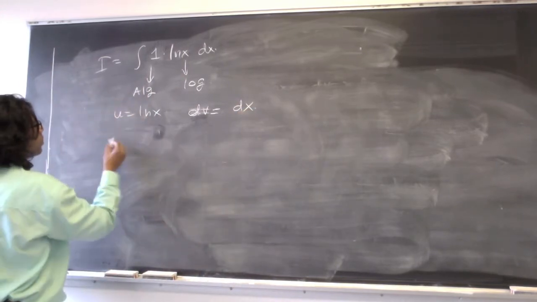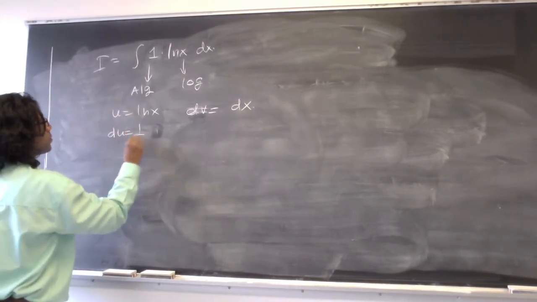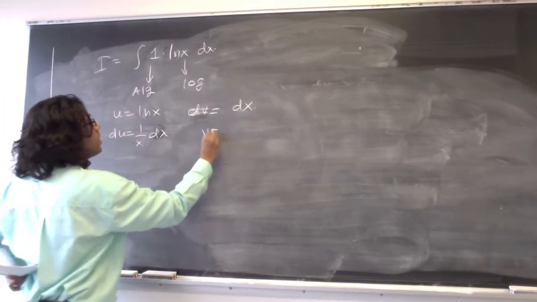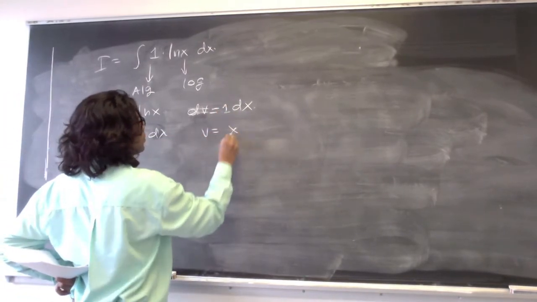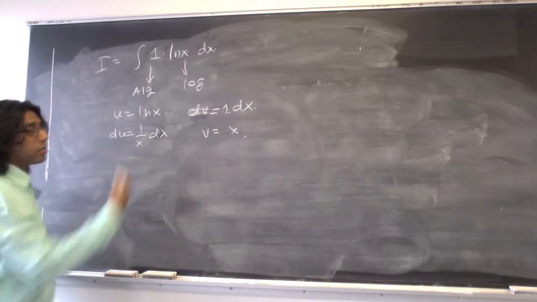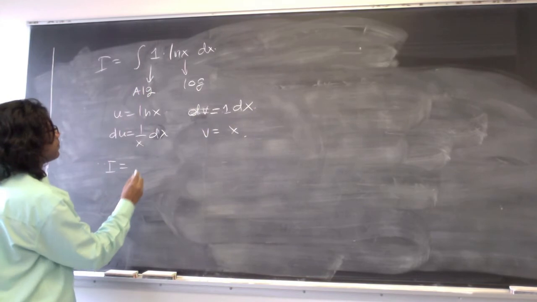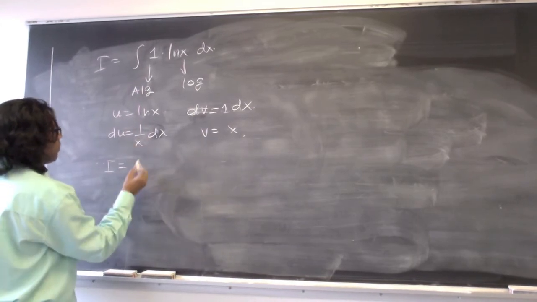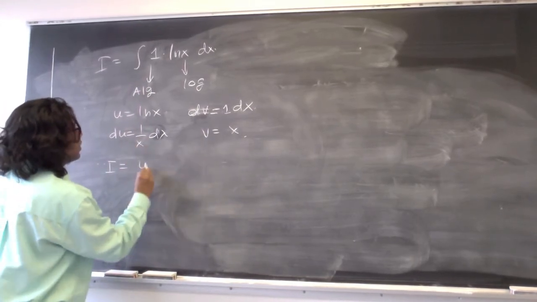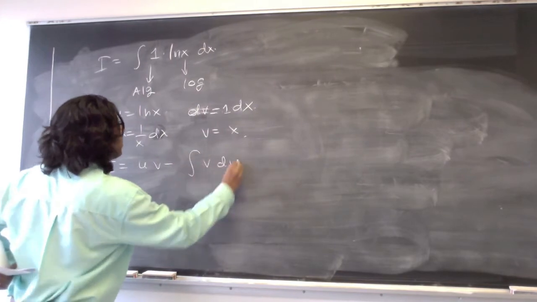So you have u equal to natural log of x, du becomes 1 over x dx, and v, this is 1, so it becomes x, the antiderivative of 1. So you have I is equal to, okay, the integration by parts formula is uv minus integral of v du.